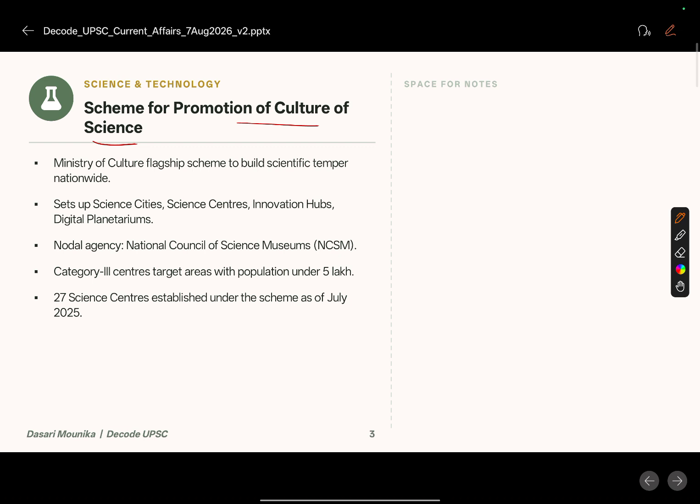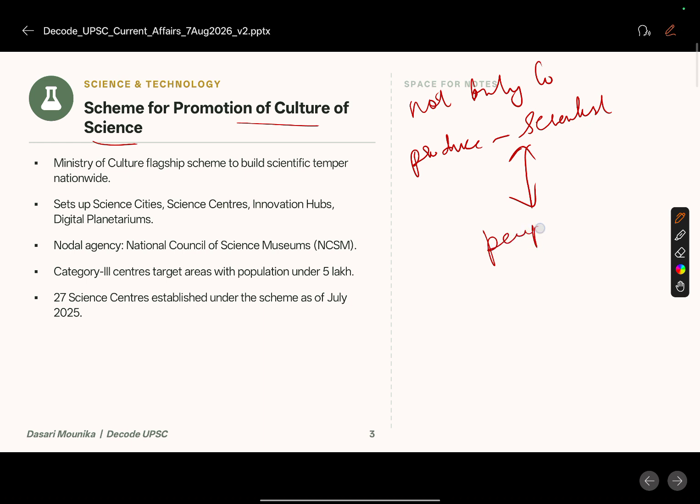Basically, the essence of the scheme is not only to produce scientists, but also to produce people with scientific temper.